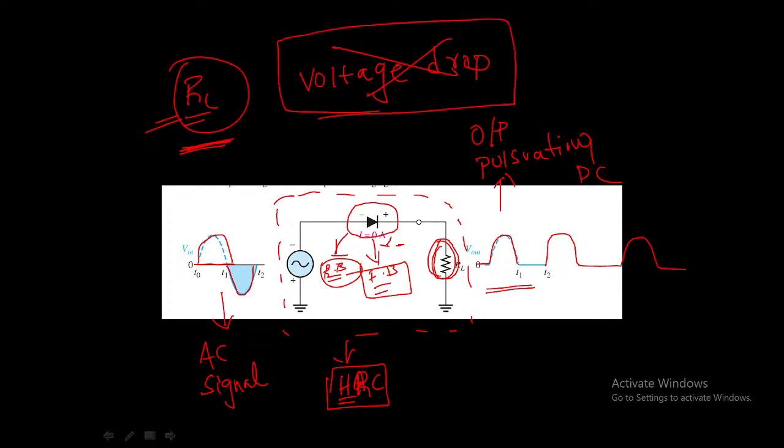So for the negative input voltage, the output is equal to 0, since the diode is in reverse bias.